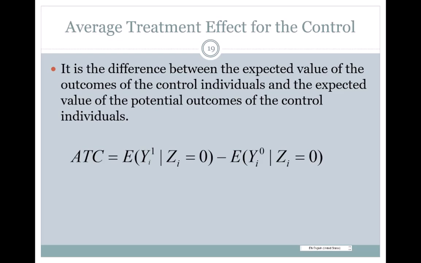So this answers the question, what's the effect for those that were not treated if they had chosen to be treated? Typically not of much interest, but you can estimate it with methods such as propensity score analysis.